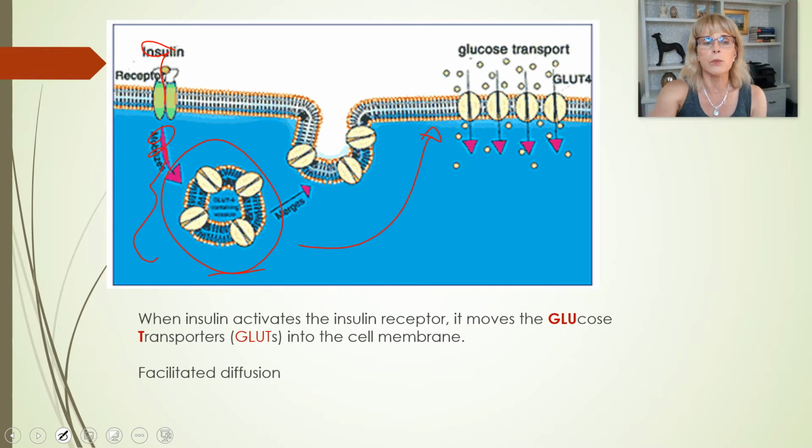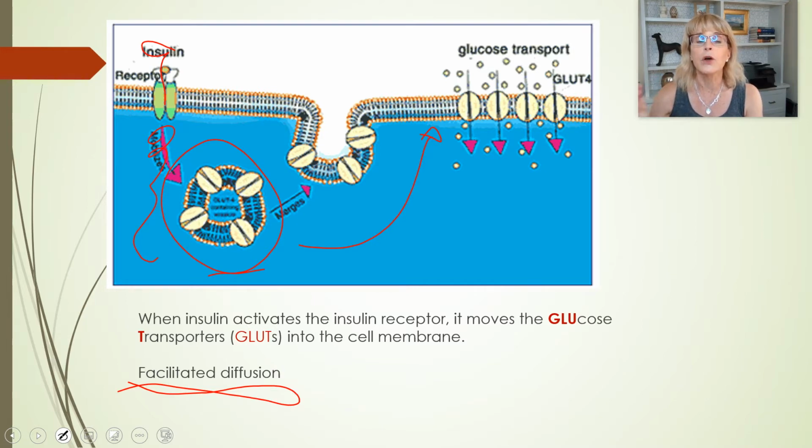And glucose transport proteins allow glucose to enter the cell by facilitated diffusion. Remember, facilitated diffusion is passive transport. It's powered by the power of diffusion. It's just that glucose is one of those things that's not allowed to go through the cell membrane. So if it's going to enter or leave, it needs to go through a transport protein.